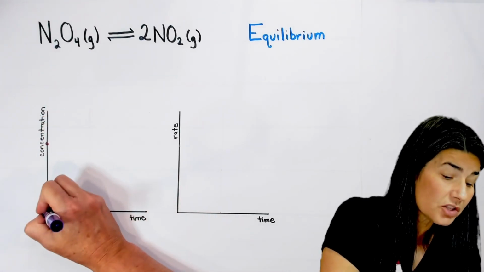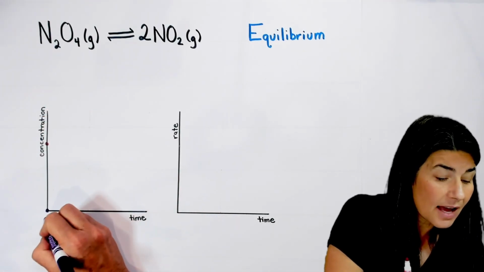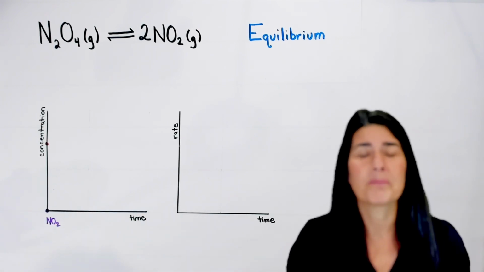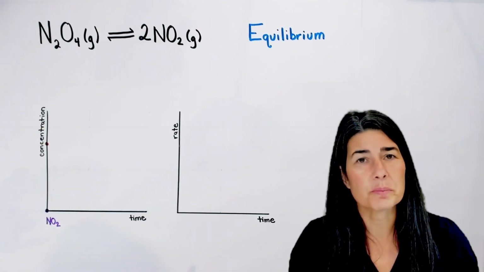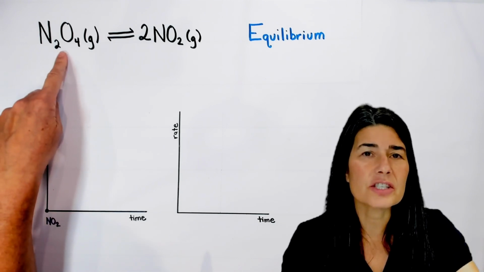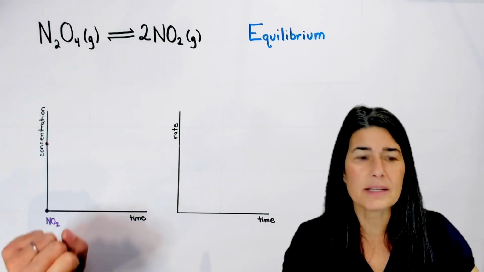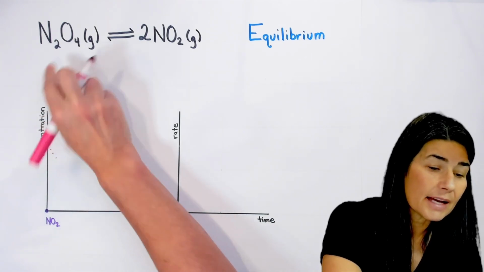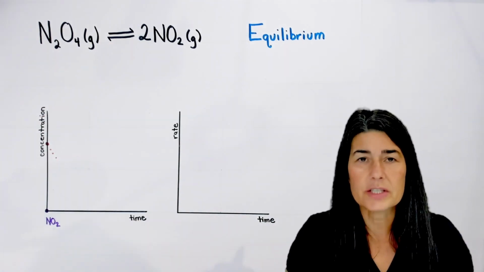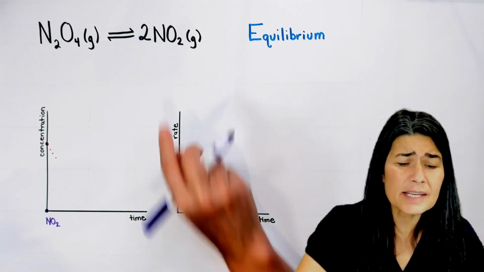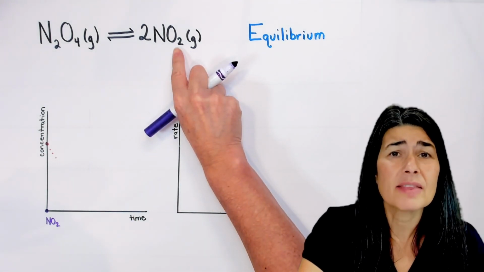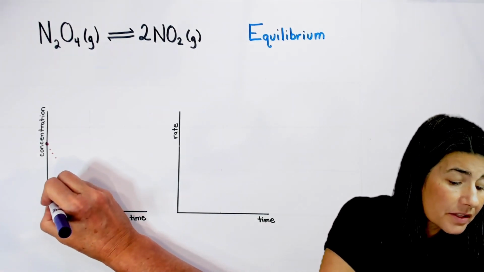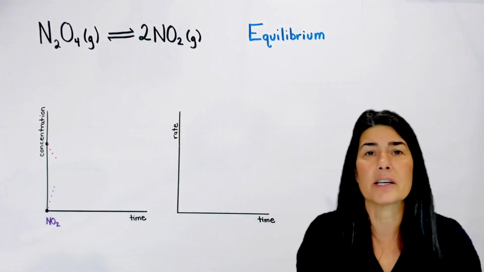So concentration-wise, the nitrogen dioxide, I will label that right here, starts at 0. Now, as the reaction proceeds, we're going to start to use up our reactants. So the concentration of the dinitrogen tetroxide is going to start to decrease. We're going to start to build up the nitrogen dioxide molecules. That concentration will start to increase here.